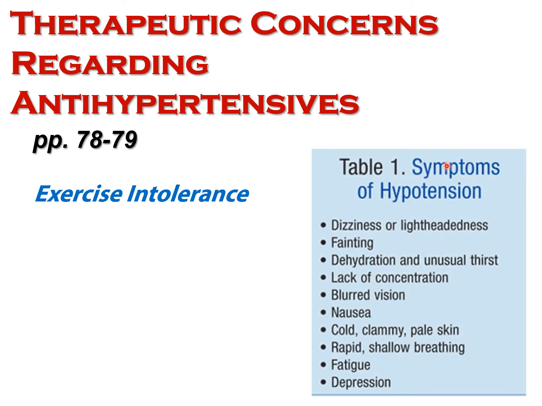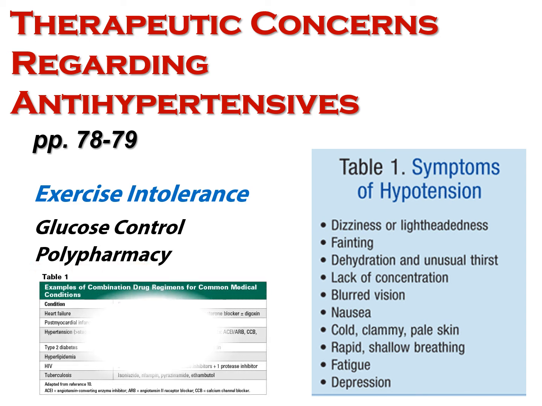Other symptoms of hypotension: dizziness, fainting, dehydration, there's lots of possibilities here. Again, be able to recognize those things; they should all make sense from a physiologic standpoint. There are issues occasionally with glucose and lipid control. Because these patients are often experiencing other things alongside their hypertension, polypharmacy is an issue.